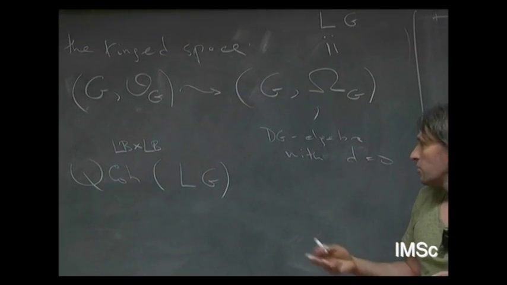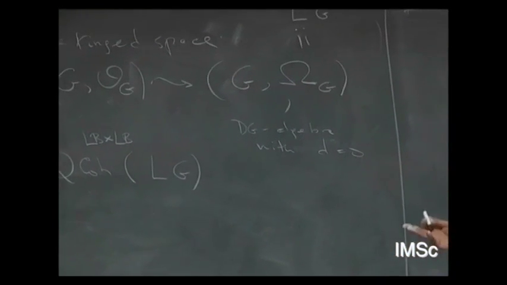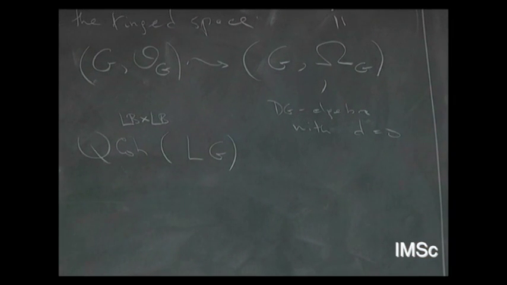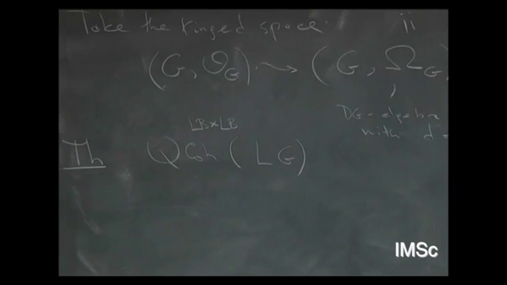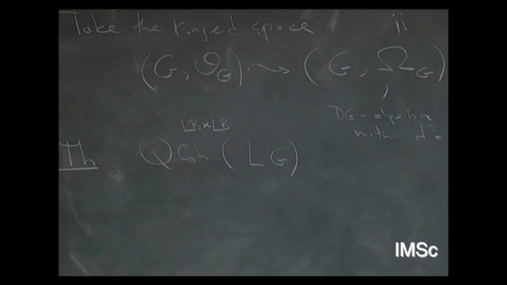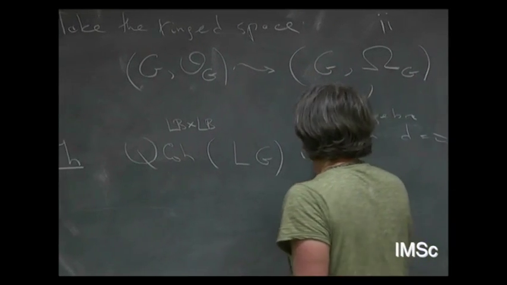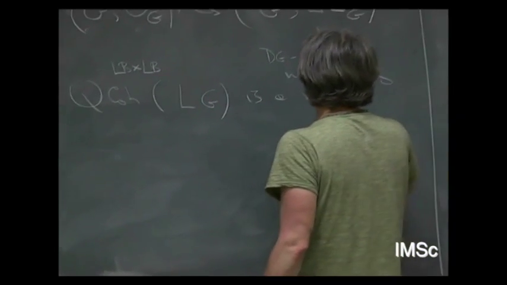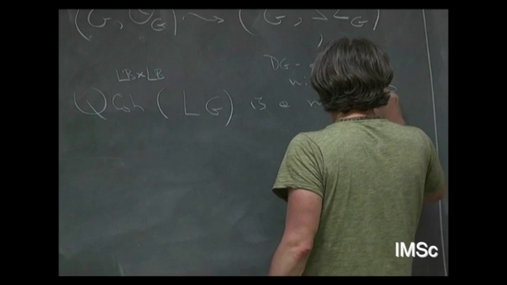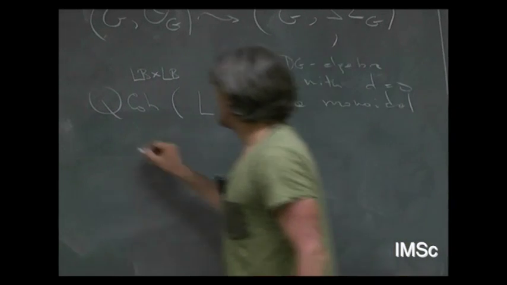Because what did I need coalgebras for in the story? I was using pullbacks, but you can pull back not only functions but differential forms. So this is a monoidal category, monoidal triangulated category.